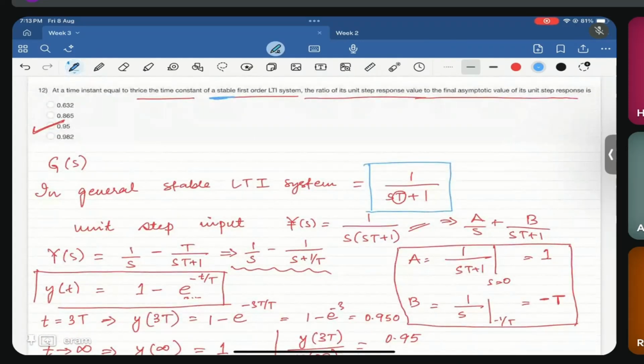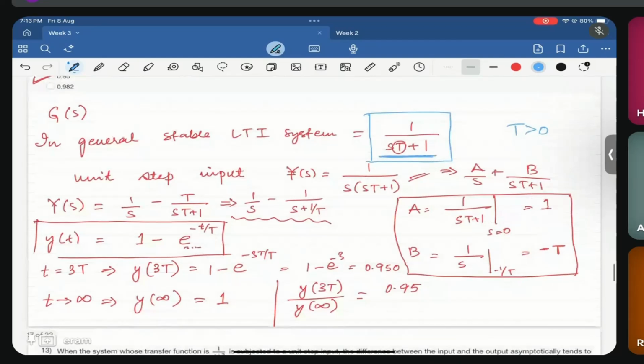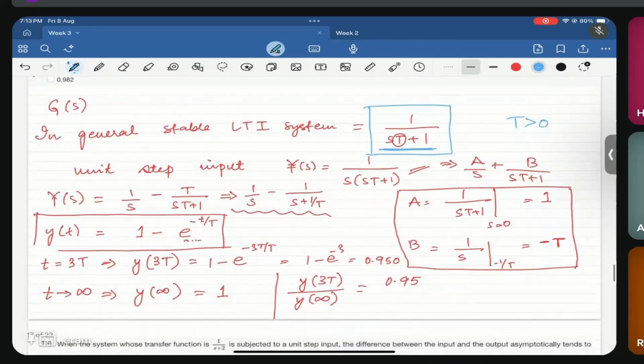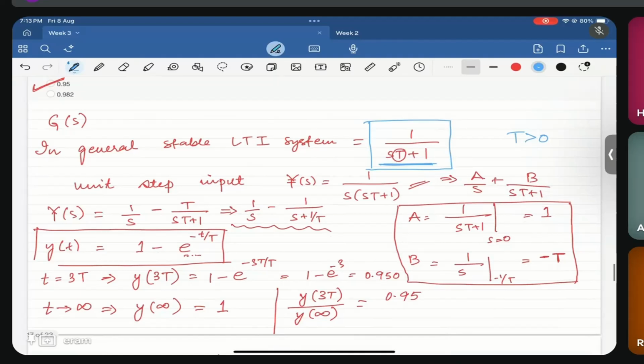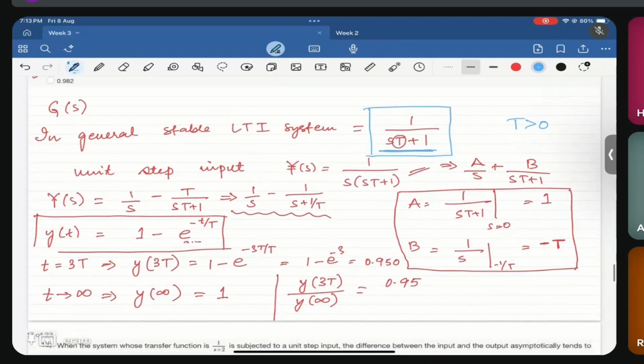So that's why we have considered this type of LTI system, because its pole will lie on minus 1 by T, so it is on LHP. T is some positive value. So for such a stable LTI system, we calculated y at thrice the time constant and y at infinity.